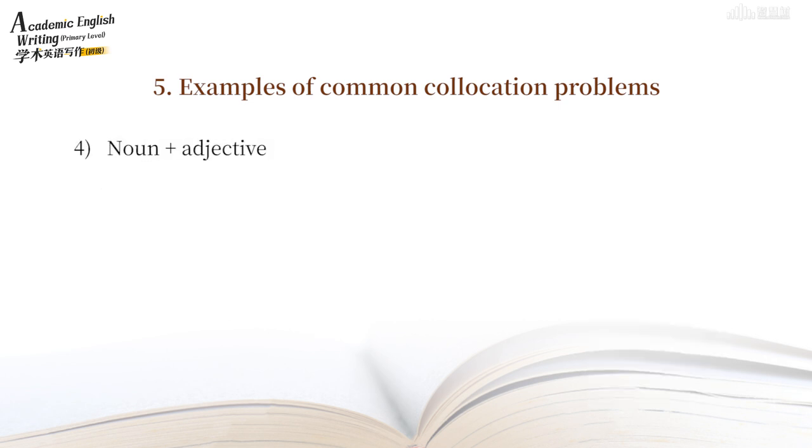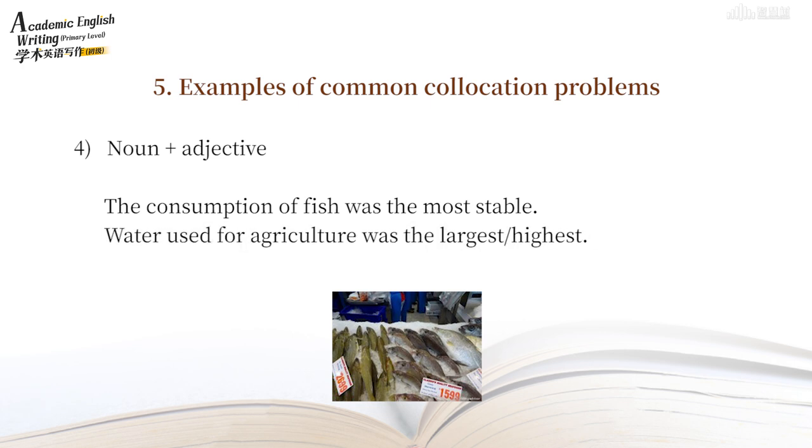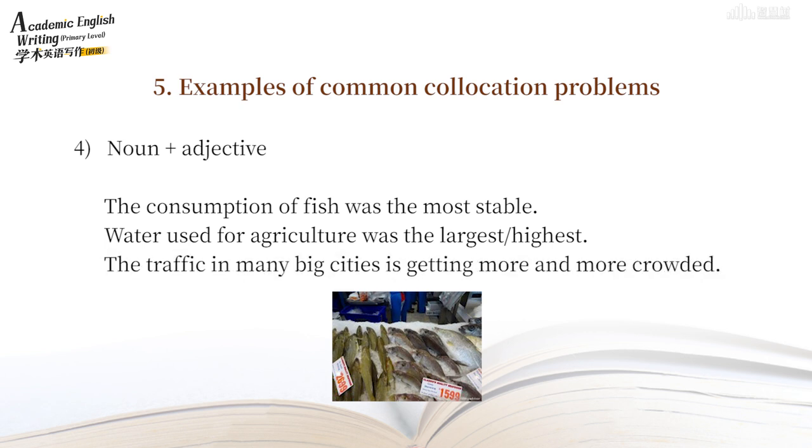4. Improper noun-adjective collocation. For example, A. The consumption of fish was the most stable? B. Water used for agriculture was the largest or highest? C. The traffic in many big cities is getting more and more crowded.